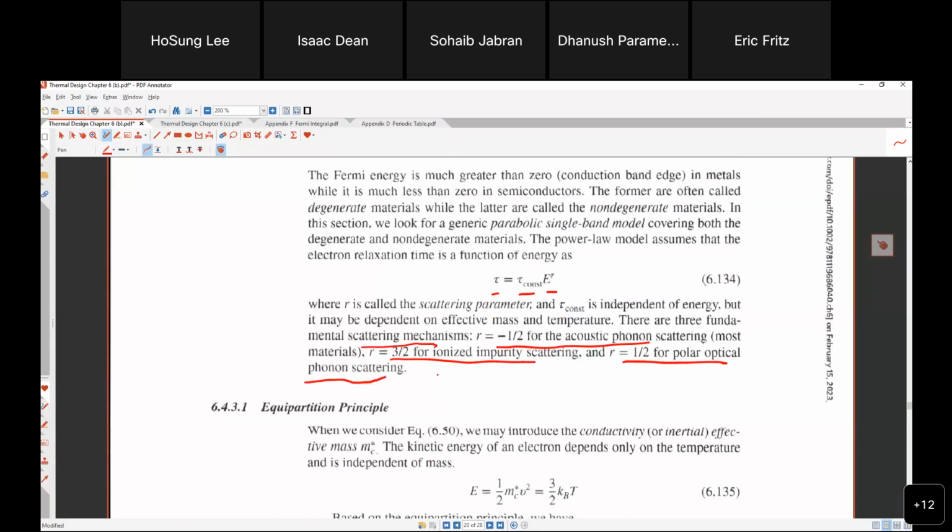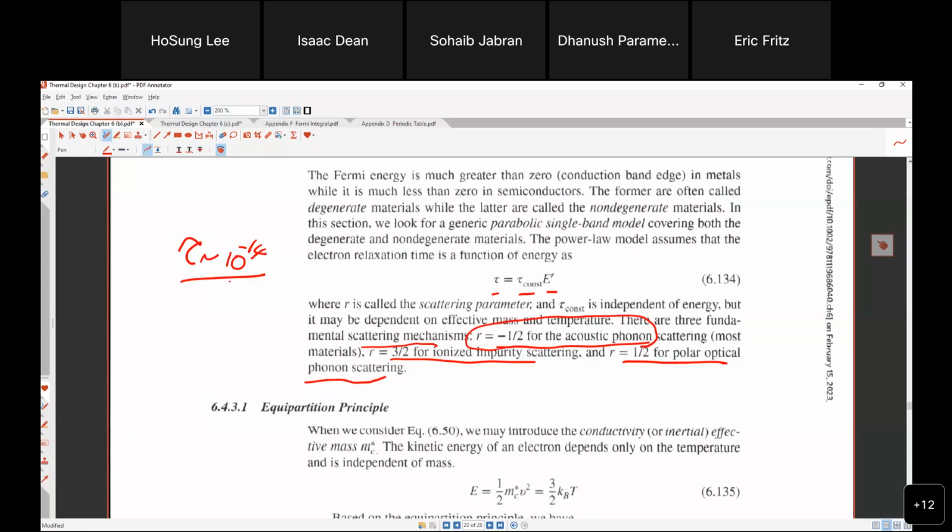There are three scatterings. Mostly dominant, though not always, is acoustic phonon scattering. This scattering time is the time between sequential scatterings. It's about 10 to the minus 14 seconds. So short.